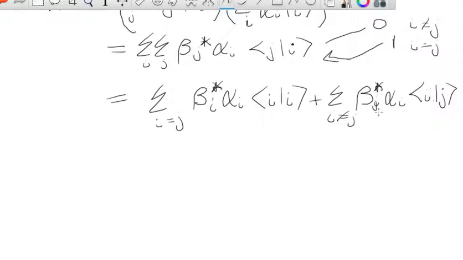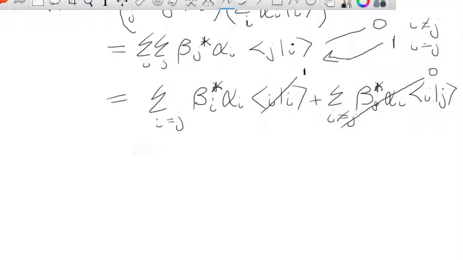Now, what happens in these times here? We can actually get rid of this completely, because when i does not equal j, this goes to 0. We know from what we discussed in the last lecture that when these two are the same, this is equal to 1.